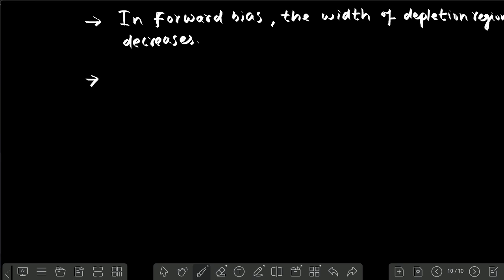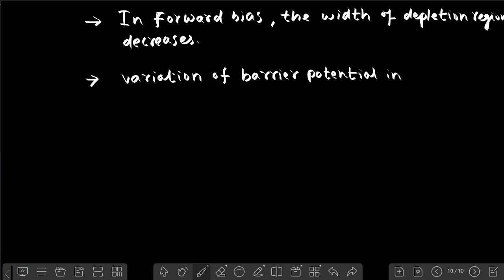And here we will draw a barrier potential versus distance graph, the variation of barrier potential in forward bias. Listen all of you.